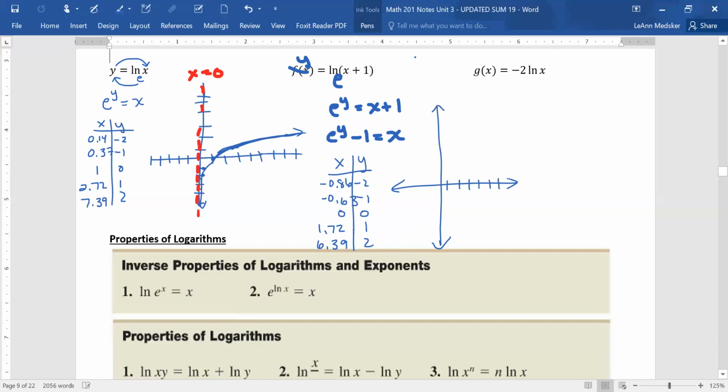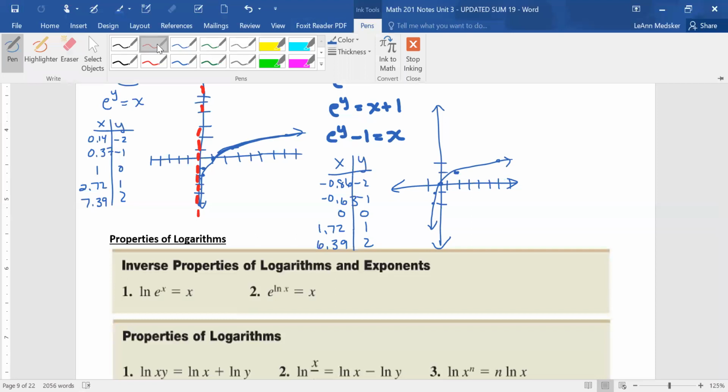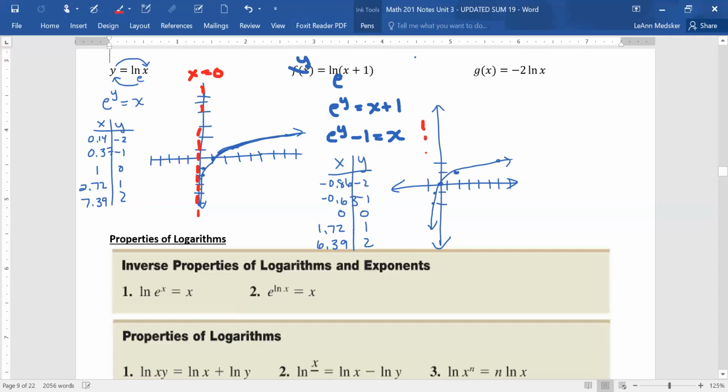So this is -0.86 down 2, -0.63 down 1, 0, 0, 1.72 up 1, and then 6.39 up 2. So it's the same exact graph, except when you have a plus or minus inside your logarithm, it shifts you to the right or left. And since it's a +1, it shifts us to the left.